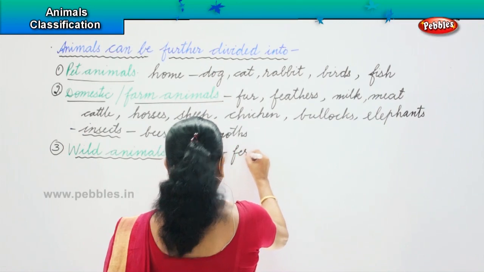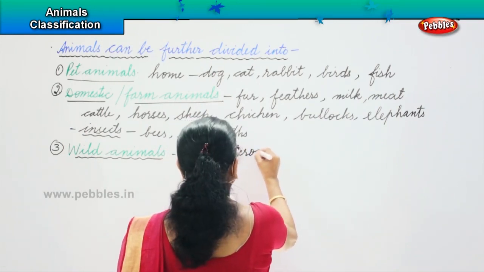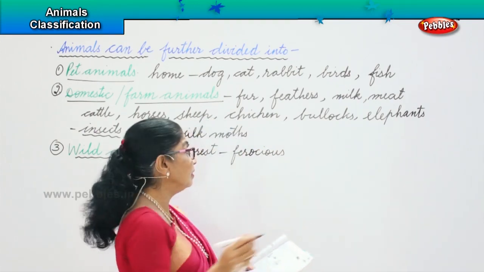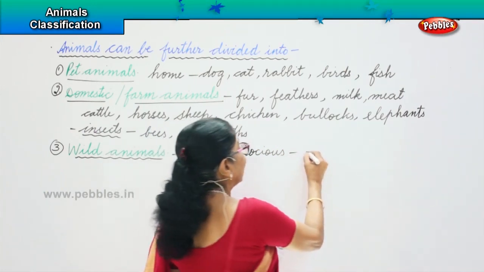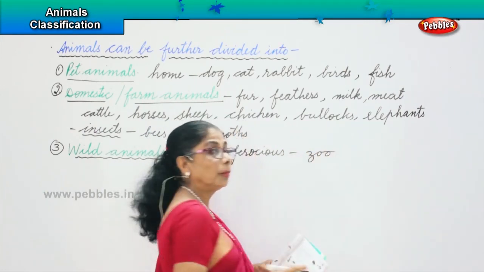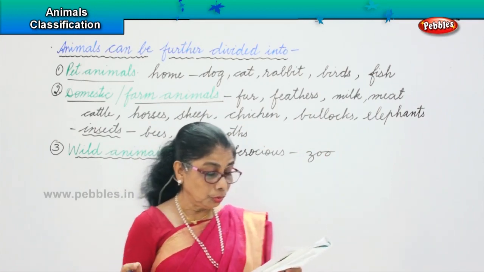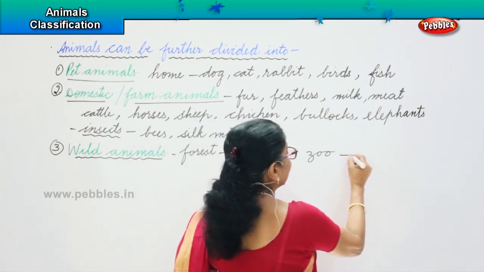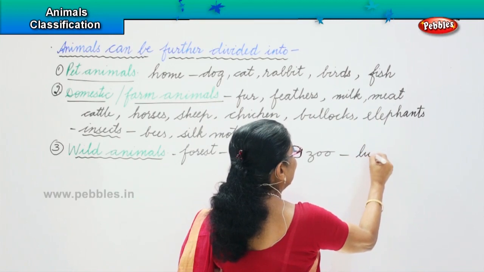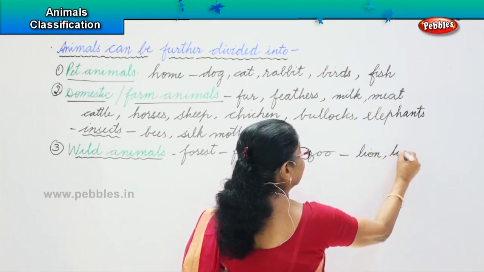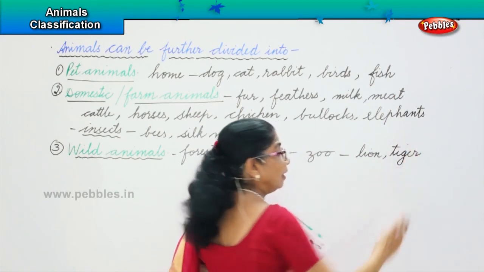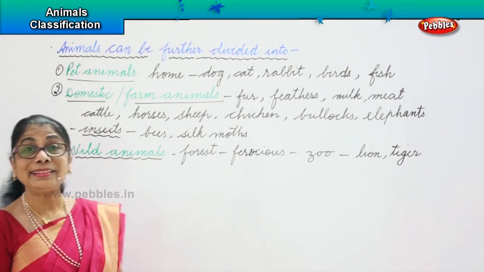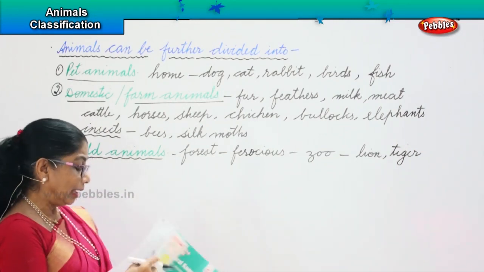They are very dangerous, but some of them are kept in the zoo for us to look at. Example, lion. What are these ferocious animals? Lion, tiger, cheetah, rhino, and so on. So that's the third category. Pet animals, farm animals, wild animals.